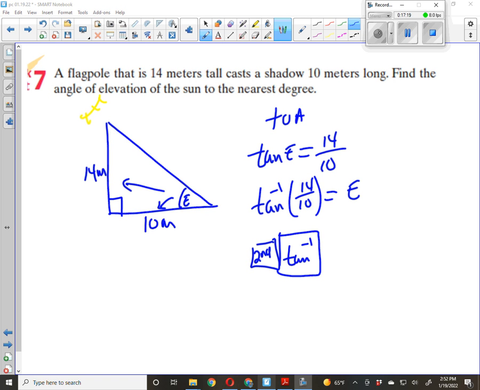Plug it in and you end up with E, whatever that angle is, equals 54.46 to the nearest degree, so we're going to go ahead and say this is just 54 degrees, right? You round, that 6 doesn't matter, so you round. 54 degrees is your answer.